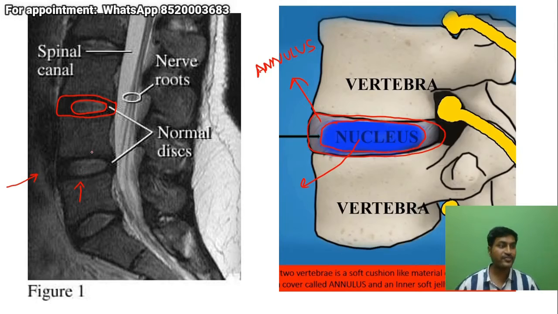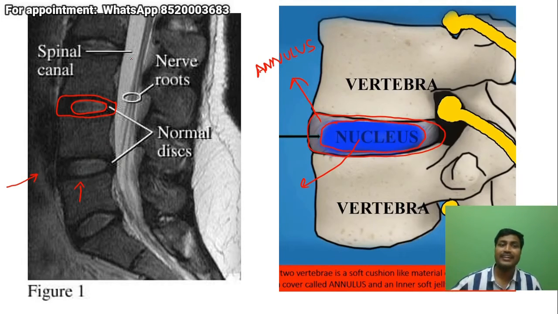I want every one of you to draw it at L4 and L5, and once you are able to identify, answer on the chat. At least 80% of the cases are discal pathologies. So you will have to identify the disc pathology. You will have to identify what is annulus, what is nucleus pulposus.